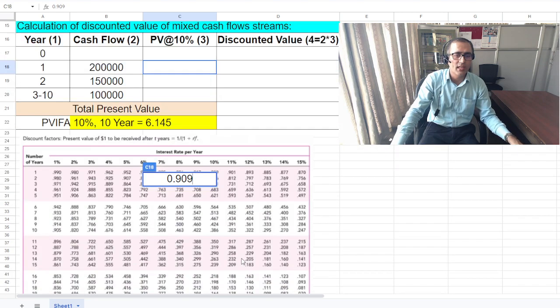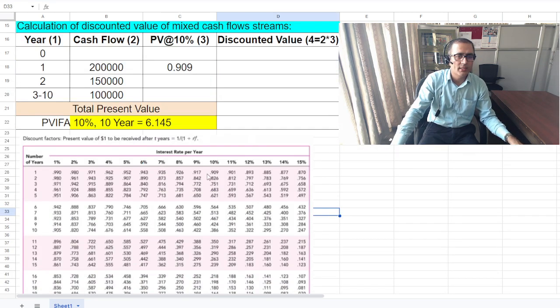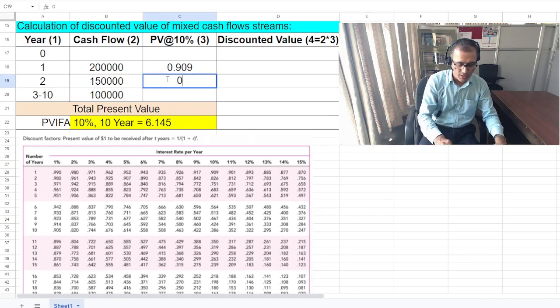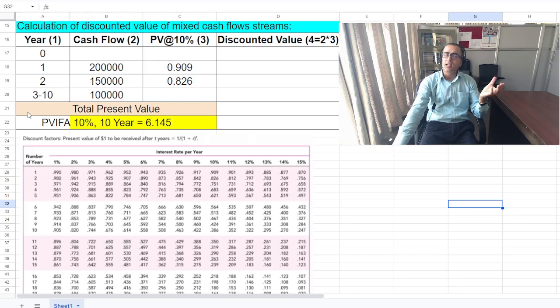Then what about the second case? The second year at 10% is 0.826. The next case is that after the second year, from 3 to 10, there is equal cash flow.